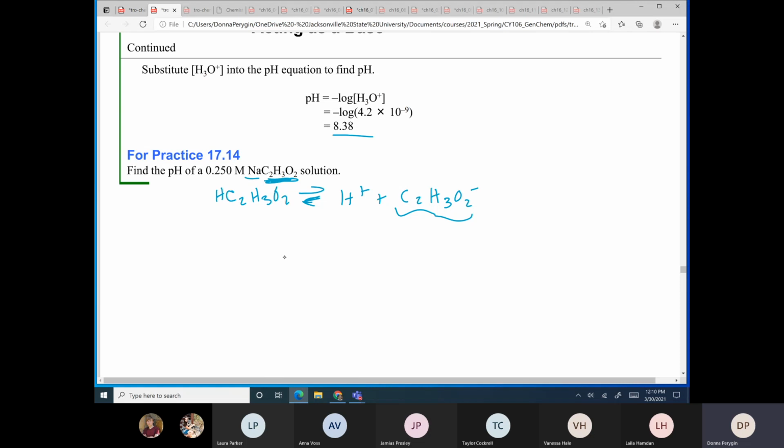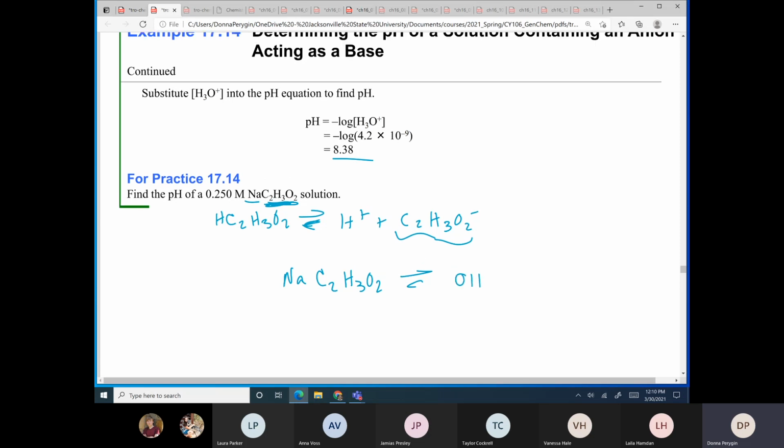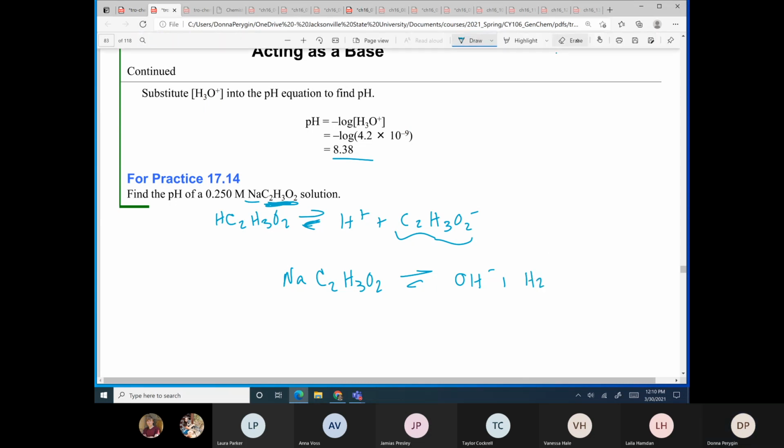If I put that acetate in solution, NaC2H3O2 goes to, plus H2O, goes to OH minus plus HC2H3O2, okay?